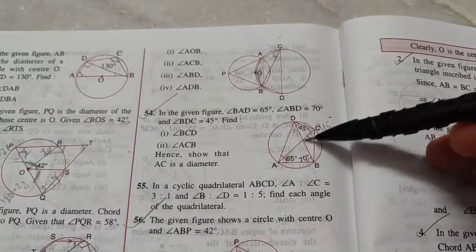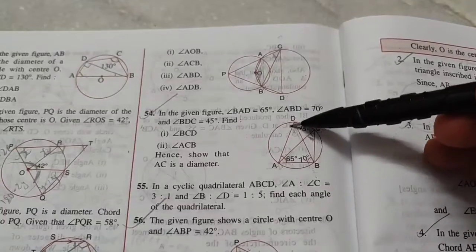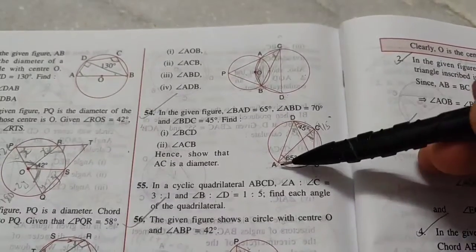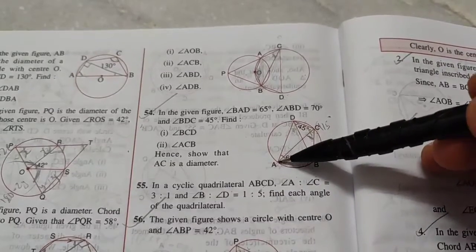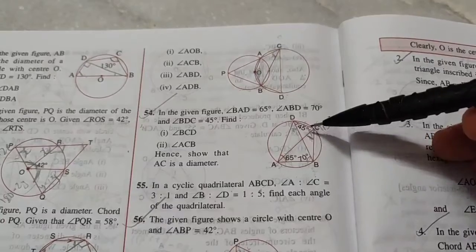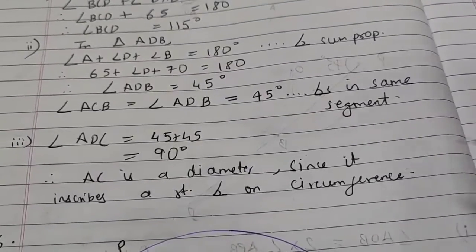Now show AC is a diameter. Well, angle ADC is 45 plus 45, 90. So whenever a chord subtends a 90 degree angle at the circumference, it is definitely a diameter. And that's the explanation you will give. So write all the statements.